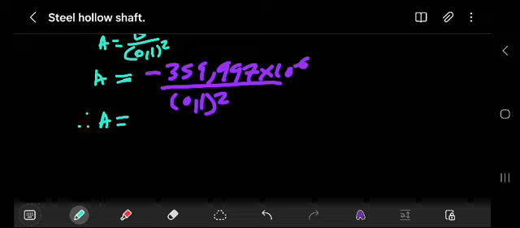Minus 35 times minus 359.997 times 10 to the power of 6. Positive 6 into 0.1, we square this.